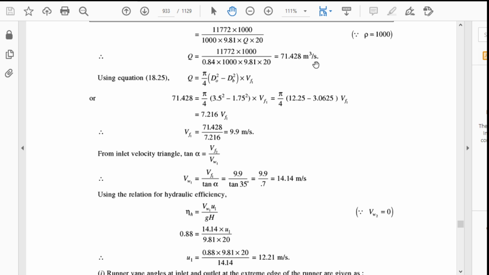Now by using the discharge equation for the Kaplan turbine, we can find the flow velocity at inlet, Vf1. So Q will be pi by 4 (D0 squared minus DB squared) into Vf1.